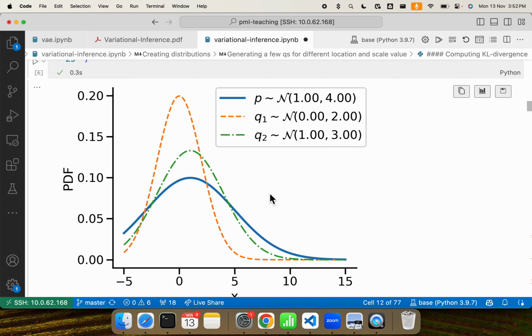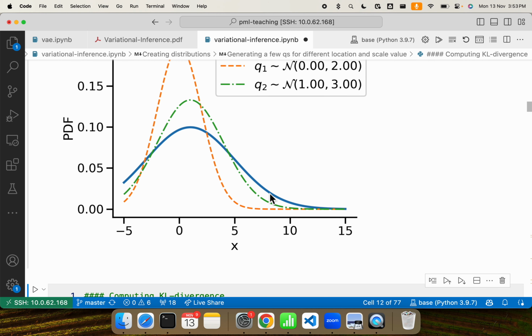So Utkarsh says that Q2 seems to be a better approximation of P, or closer to P, because the mode seems to be matching, as well as the height near the mode, the overall distribution of samples, the shape seems to be matching much more closely compared to Q1, right? But this we just looked at visually. We can also do this via the KL divergence calculations.